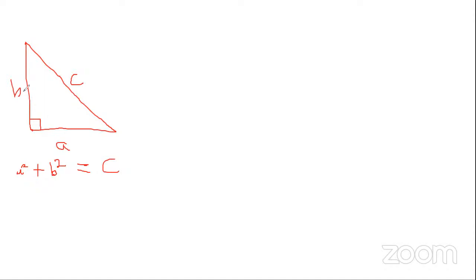So when we get the squares of these short sides, they give us the square of the longest side.